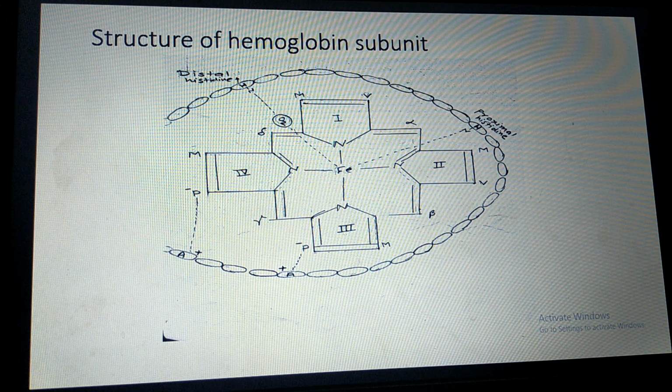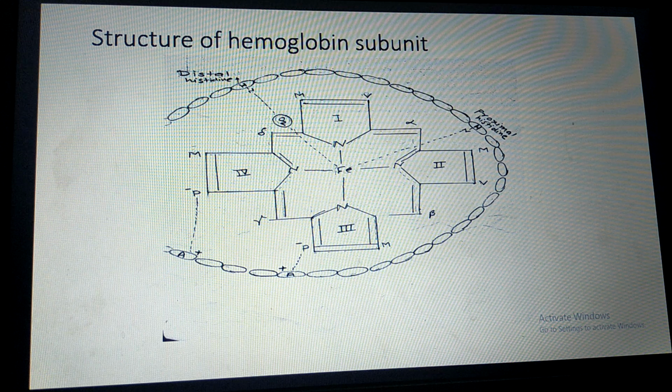Fifth attachment of iron is directly to the proximal histidine, and sixth attachment of iron is to the distal histidine through oxygen.